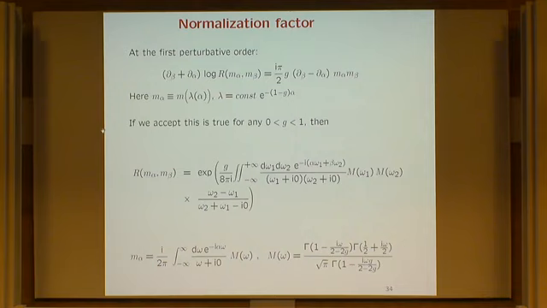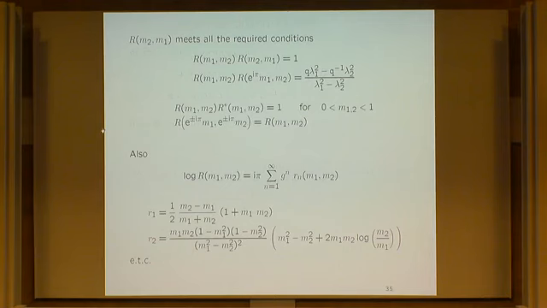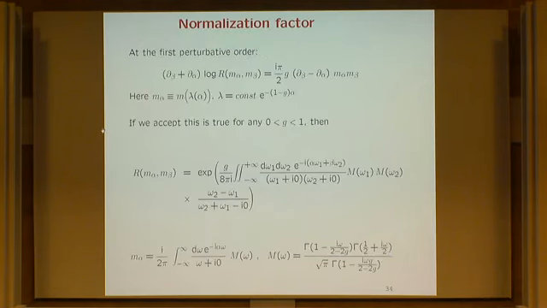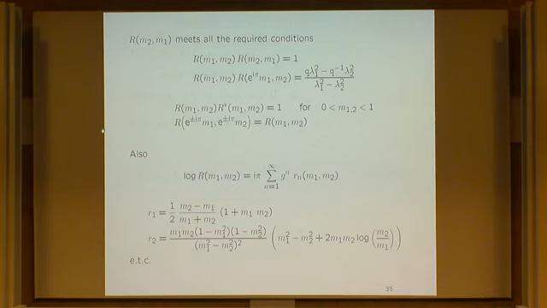We can do some, not direct, but some check of these relations, so this is really a proposal. If we accept it, we can check that all necessary conditions are satisfied, unitarity and crossing. It can also be checked in second order perturbation theory, which was never done beyond first order. This is a prediction for the second order perturbation theory.